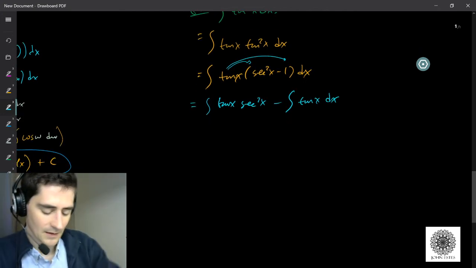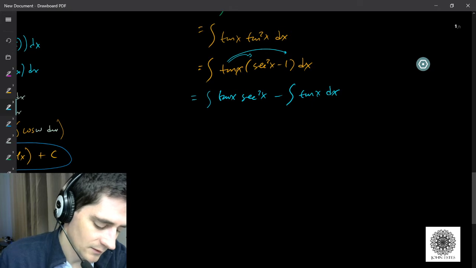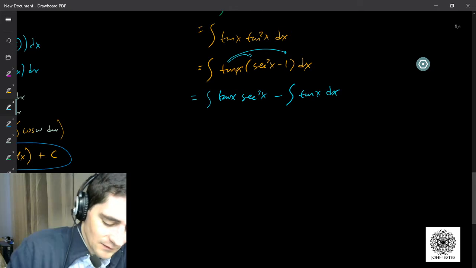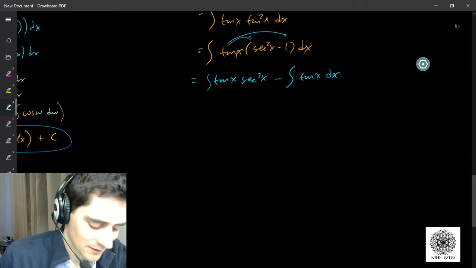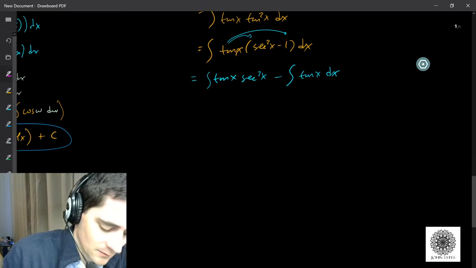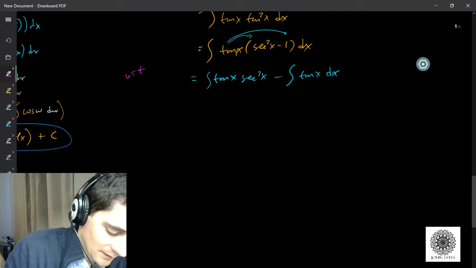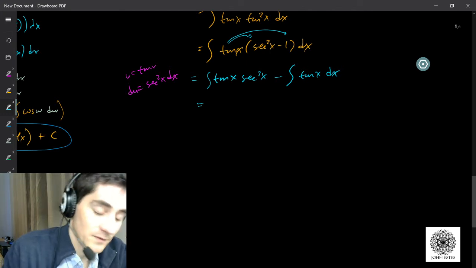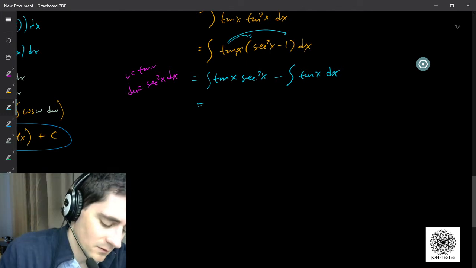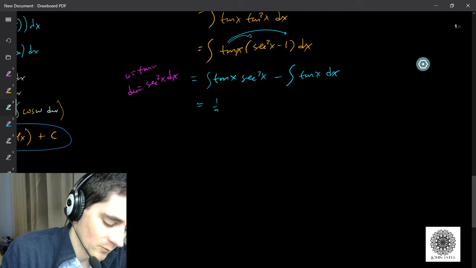Okay, now what is the integral of tangent x? Can you even read that? It says tangent x. Let me try this again. Sorry, my handwriting's so bad. If you let u be tan x, du is secant squared x dx. This is going to be the integral of u. Sorry, so the integral of u, we get 1/2 u squared, so we get 1/2 tangent squared.